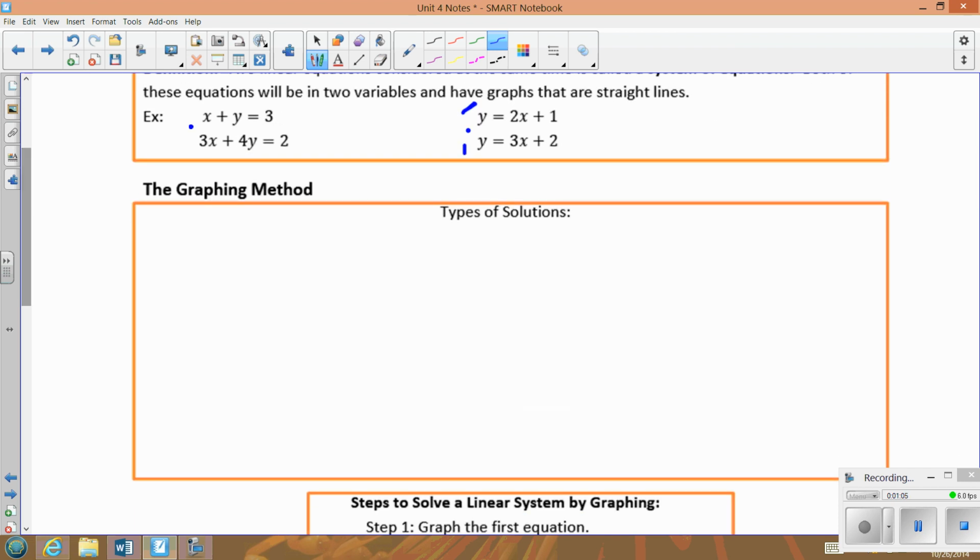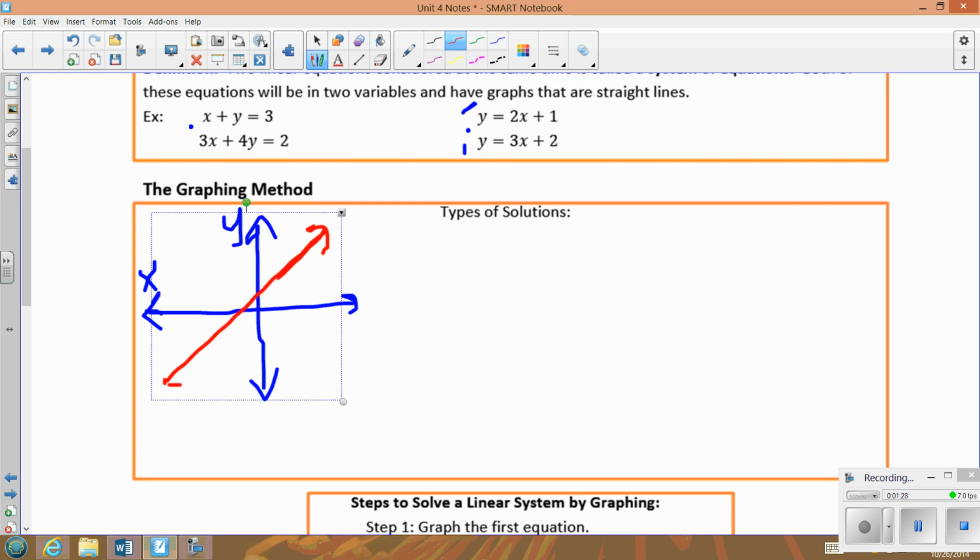The first thing in this lesson is we're going to focus on how to solve a system of equations graphically. So there's going to be three different scenarios that we can come across. If I have my x and y axis, the first and most common solution is whenever your two lines, so I have a line here and I have this line over here, so I would graph my two separate equations.